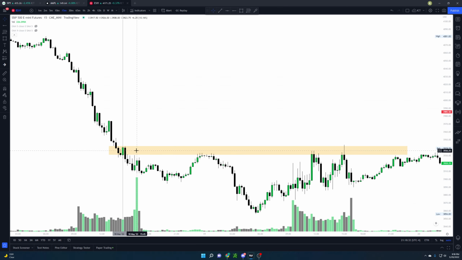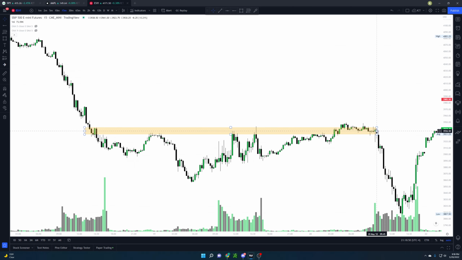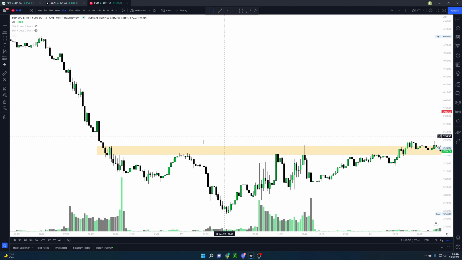So drop base, this base right here, this is the last candle before the move down, right? So your last candle before the move down or up becomes your zone. So you mark that as a zone, extend it out, right? Boom, there you go.